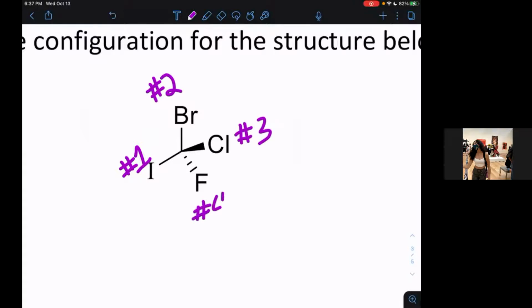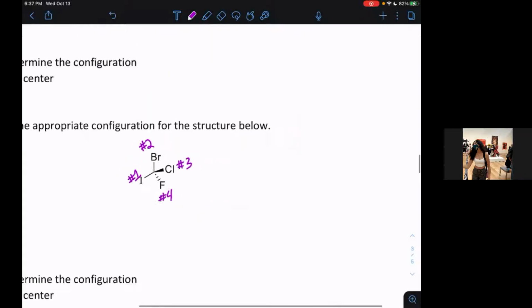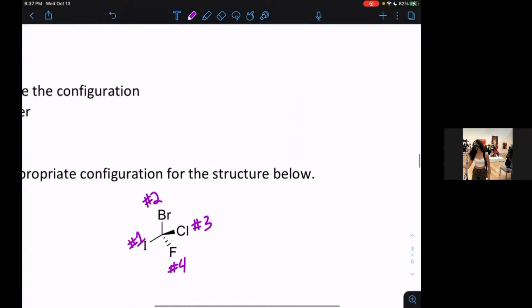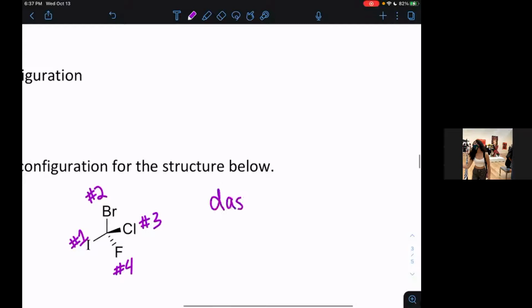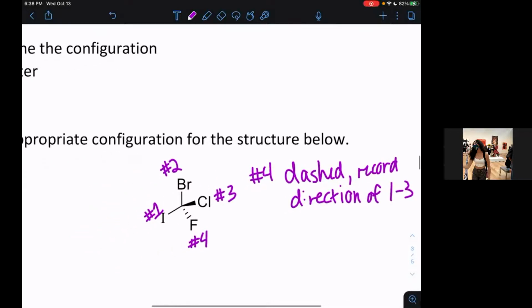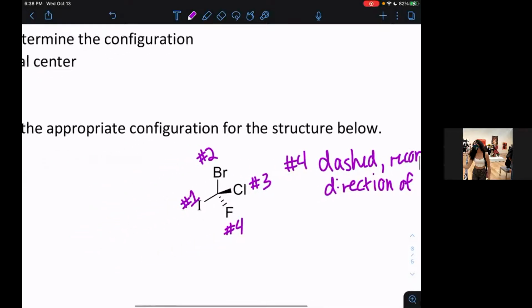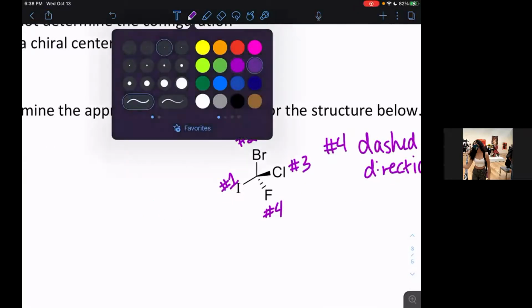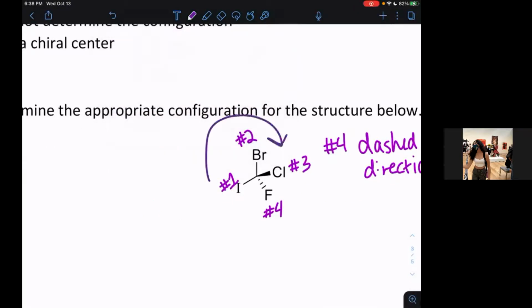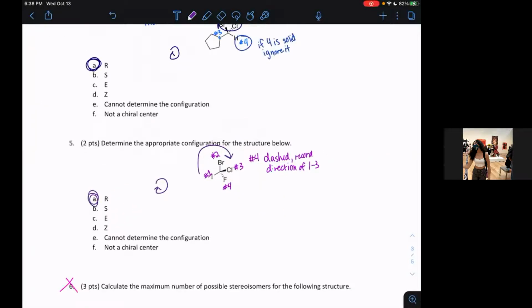So dashed is... oh wait. Okay, cool. Yep. So again, I guess I'll pick different. Going this way is still clockwise.